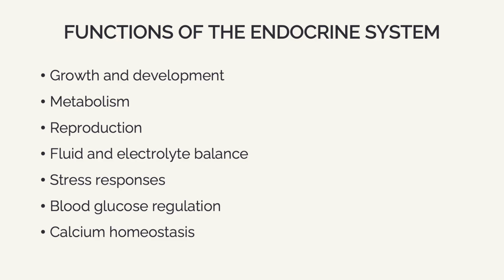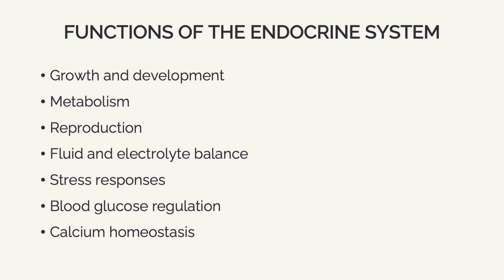They maintain fluid and electrolyte balance by controlling water and mineral levels in the body. Hormones also coordinate the body's stress response, helping us adapt to illness, injury, and emotional stress. Additionally, hormones also regulate blood glucose levels, ensuring that the cells receive a steady supply of energy, right?